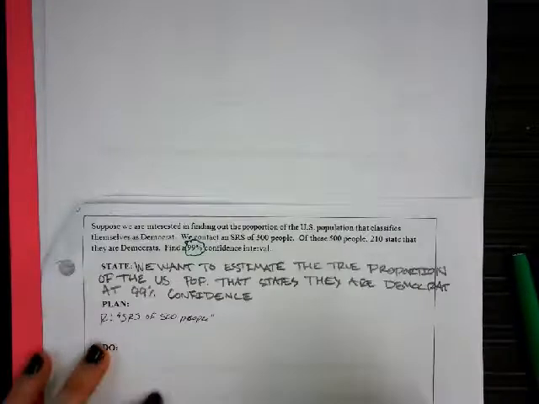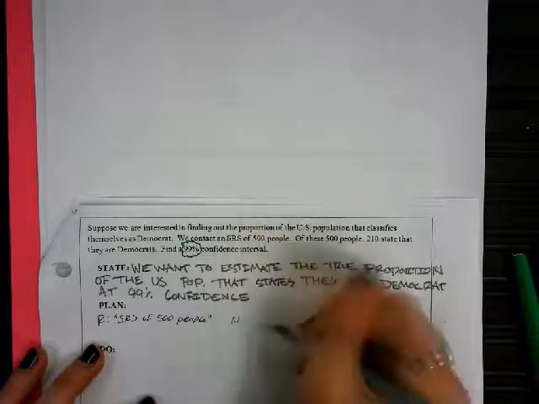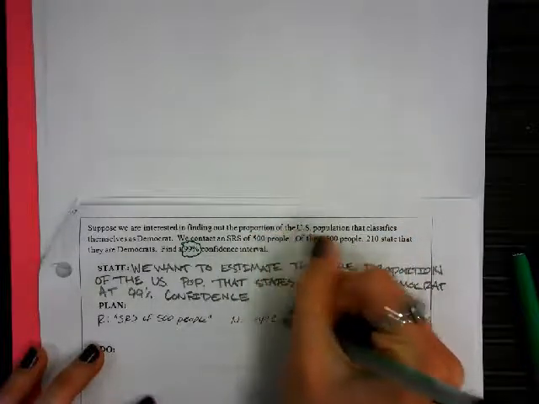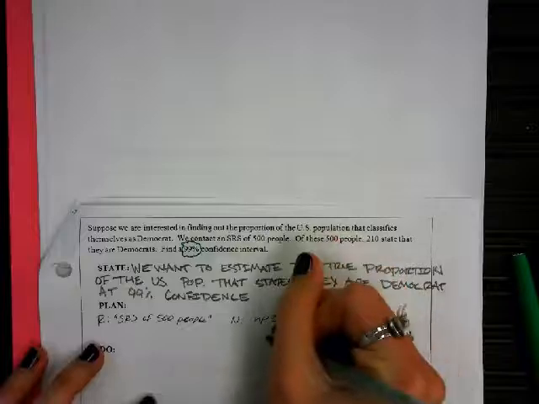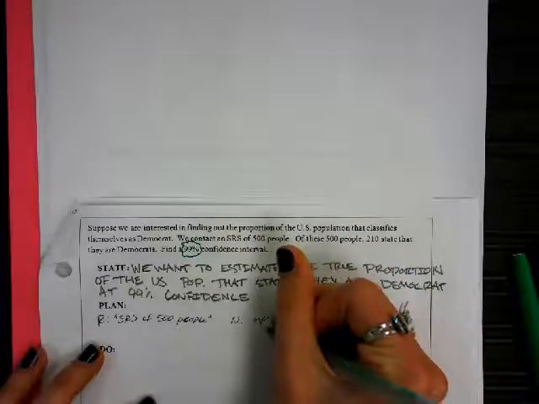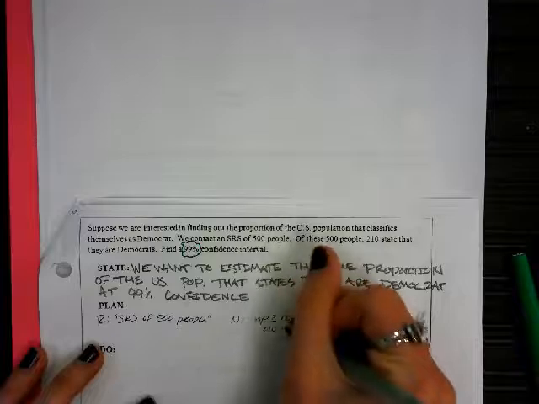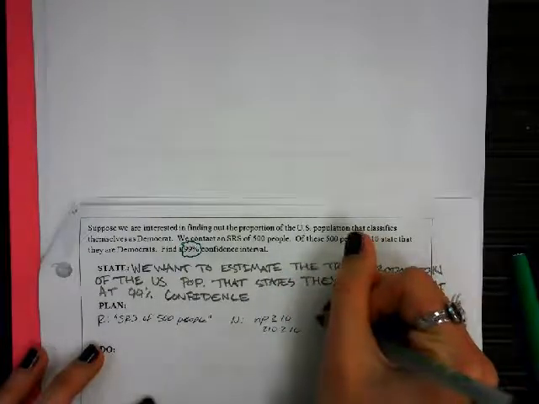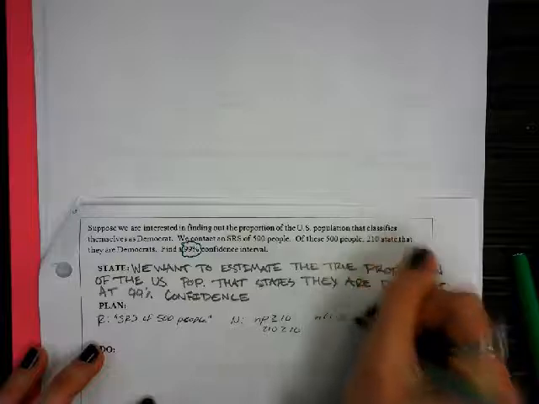So you have to include this tail. Okay, so to find your Z star, you go to stat. Go to the second bar, inverse norm. And then what's the area?